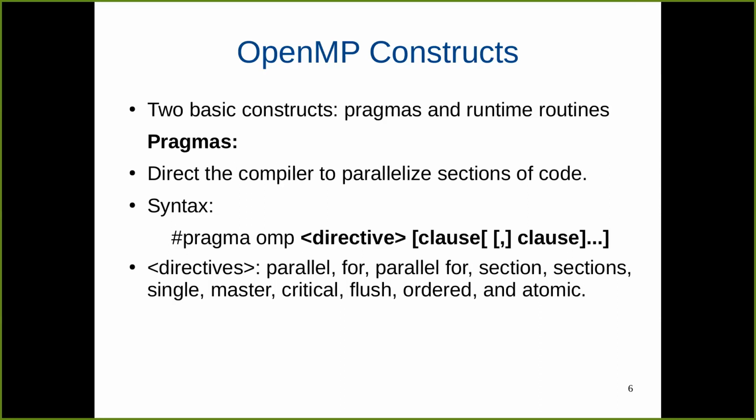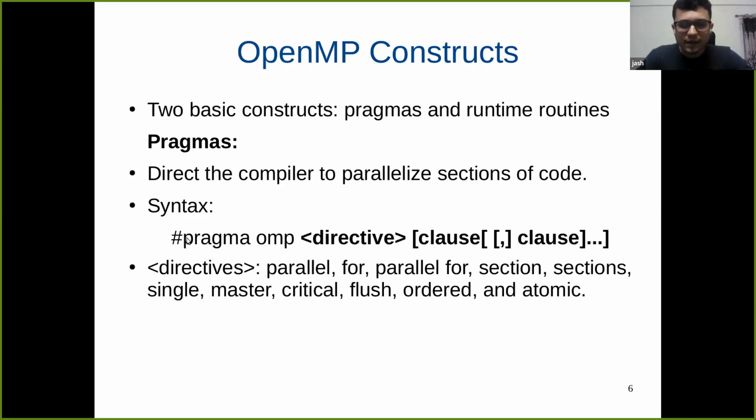What exactly are these directives, like parallel for parallel? These directives are signals for the compiler that whatever is coming next, you have to do some operation on it.